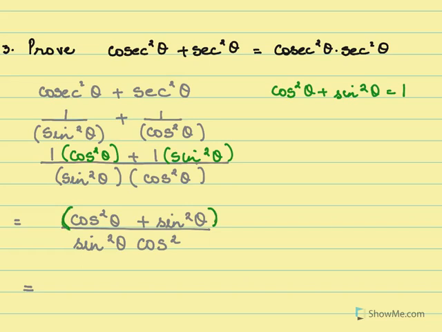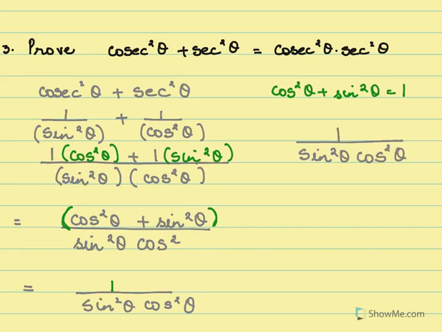For this I'm going to write 1 over sine square theta cos square theta. So now here I got 1 over sine square theta cos square theta. Let me separate it out. That is 1 over sine square theta into 1 over cos square theta.